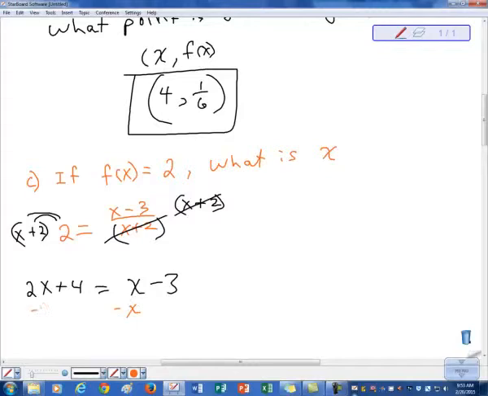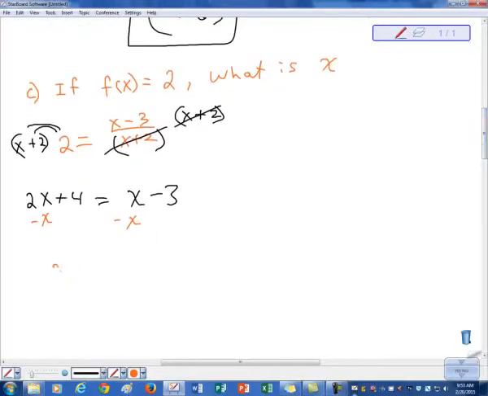I like to combine the x's first to keep them positive. And so we get x plus 4 equals negative 3. Apply minus 4, we get x equals negative 7. And it's always a good idea to check your work as you do this.